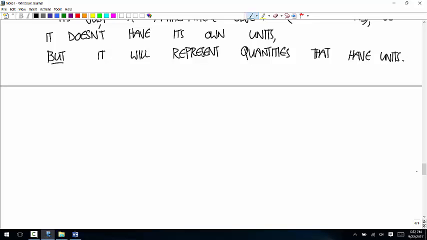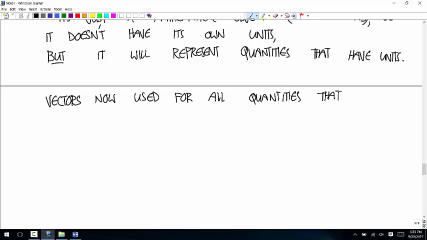It's just all the ones that had direction in 1D. So vectors will now be used for all the quantities that have direction.